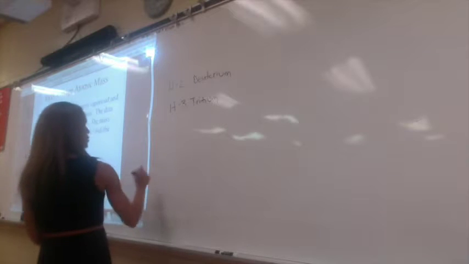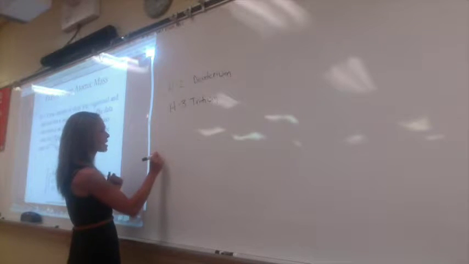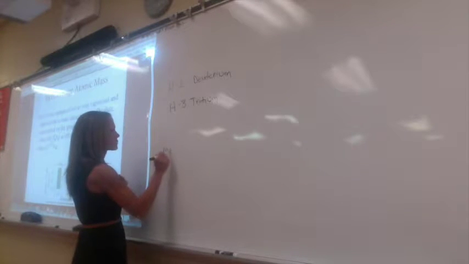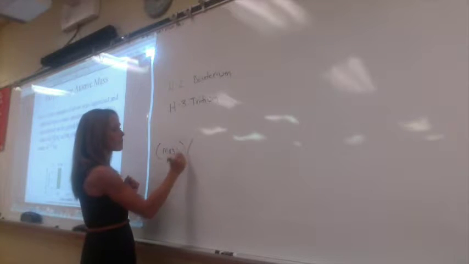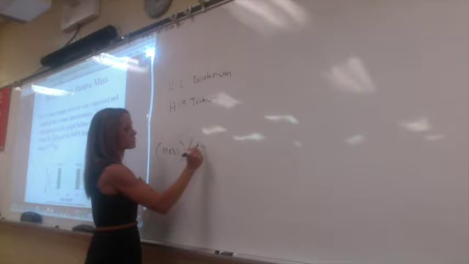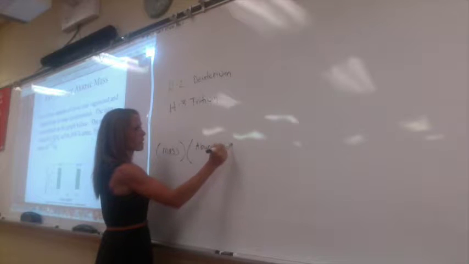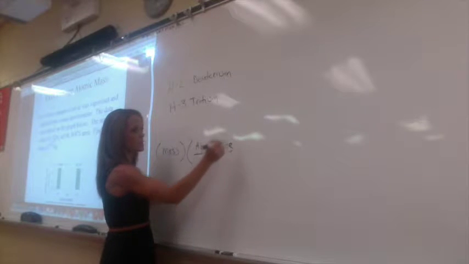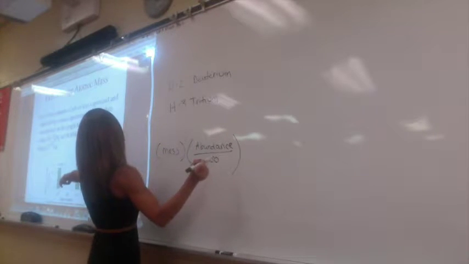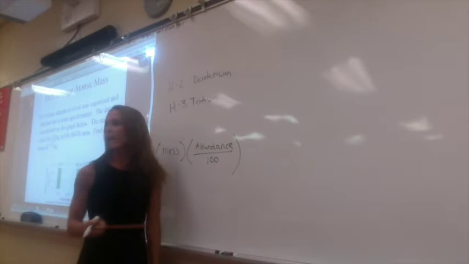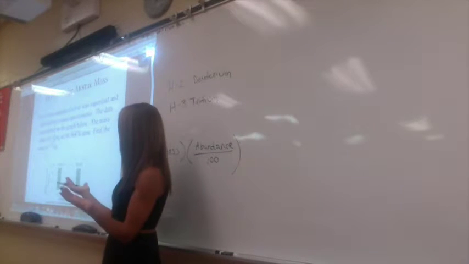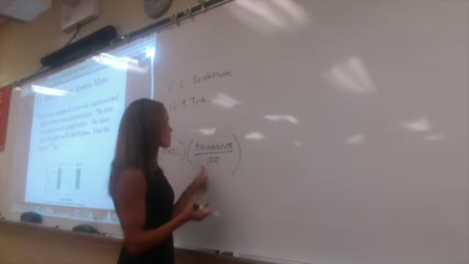So here's your general equation here. You're going to take these masses and you're multiplying them by the abundance as a decimal. So divide that abundance by 100 because this says relative number of atoms there. And if we look at the relative number being out of a total of 100, we would divide by 100.